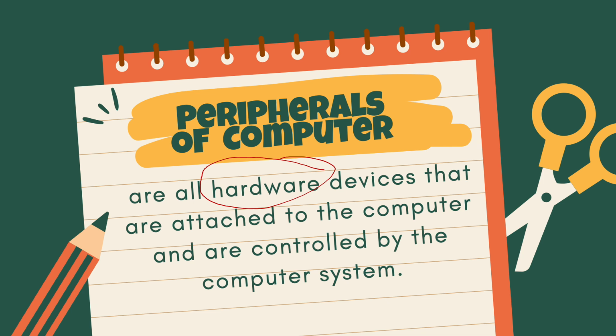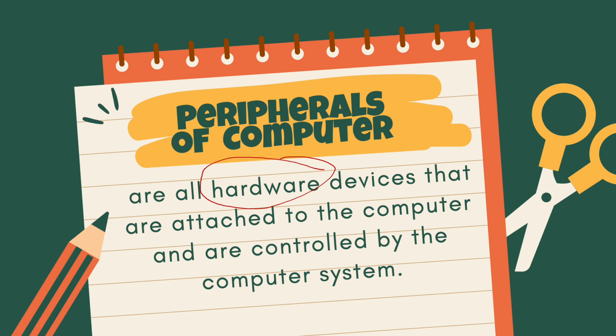We have different types of hardware, those inside the system unit and also outside of the system unit. We will discuss only the peripherals, meaning these are the hardware that are attached.